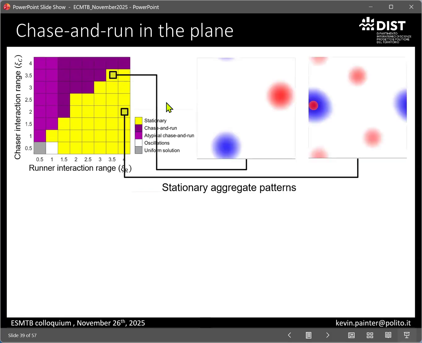And you get effectively the same fundamental behavior. In the region where before we saw stationary aggregate patterns, we still see stationary aggregate patterns. They can sometimes take slightly different forms, but effectively there's no coordinated chase and run behavior in this region.